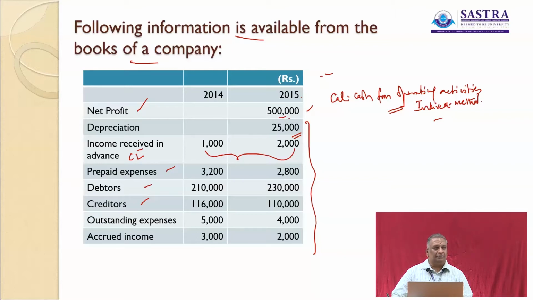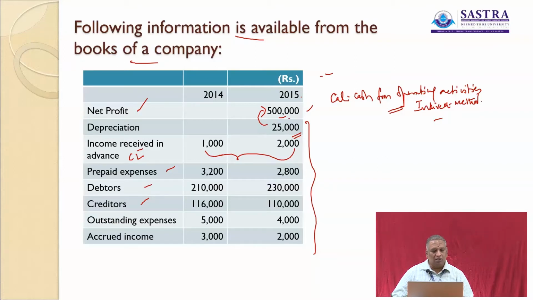So you can apply direct method only when such information are given in the question. So in this case, we have to add back depreciation and then do adjustments with regard to current assets and current liabilities to arrive at the net cash from operating activities.